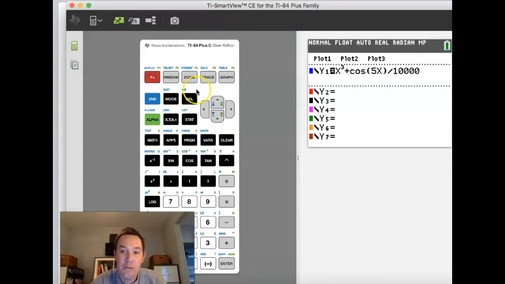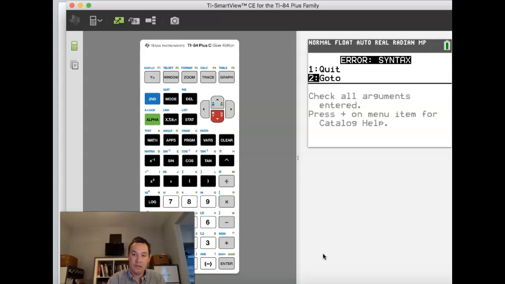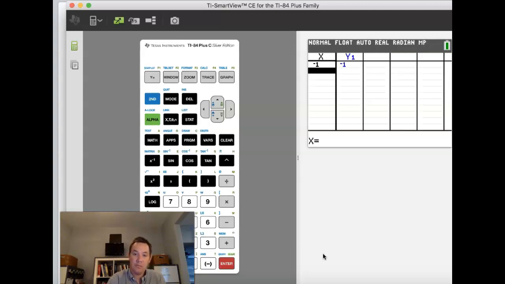So again, I plugged that function into my calculator. I'm going to go to my table. I'll start on the left. So if we plug in values to the left, like -1, get closer, whoa, sorry, go to -0.5, -0.4, -0.3, -0.2, -0.1, 0.01.